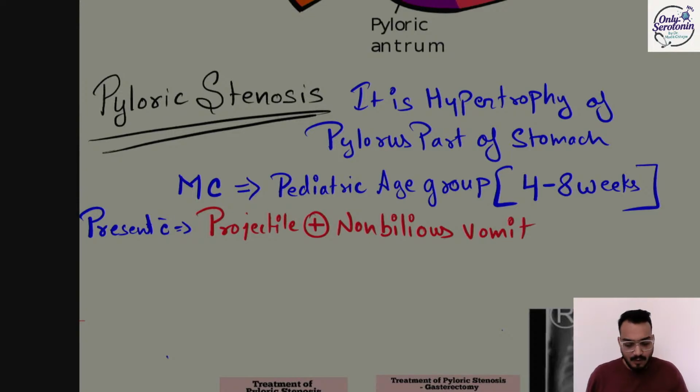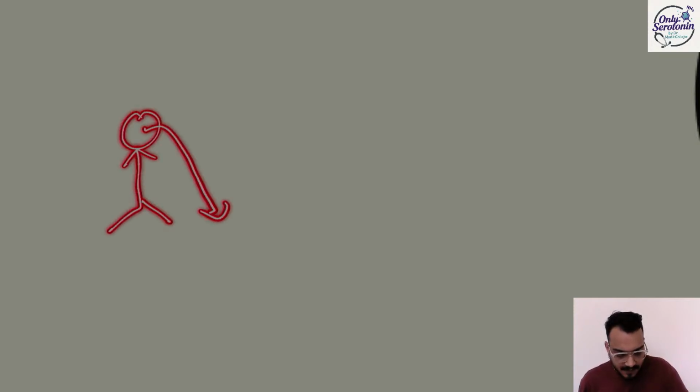Projectile non-bilious vomit. Right? What is projectile non-bilious vomit, guys? Try to understand this thing. If a person is doing vomiting on his friend's foot, this vomit is going away from the person. That is projectile vomiting. If this person is going to vomit on his own food, that is your non-projectile vomiting.